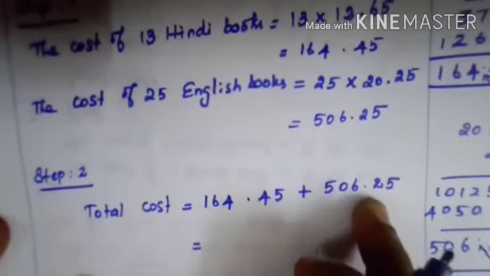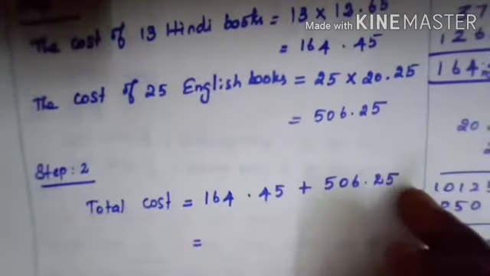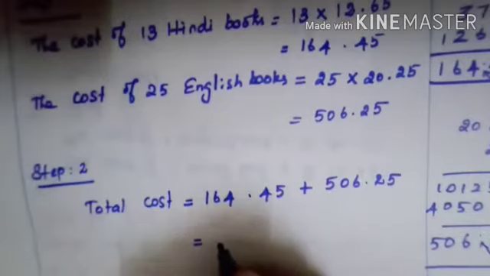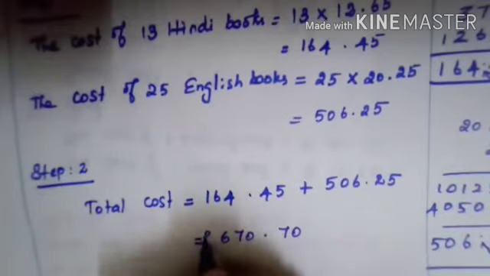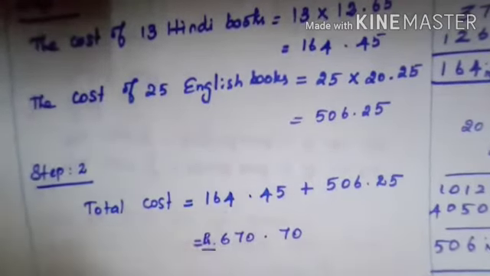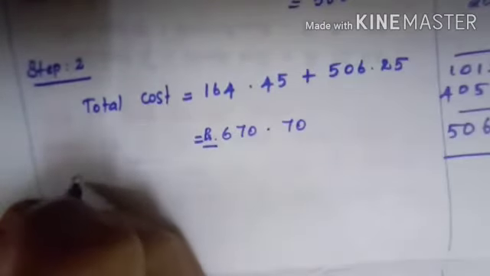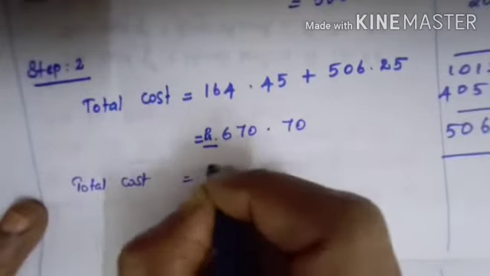Add these two numbers. Arrange the numbers in a proper way and add. So your answer is 670.70. Cost. So what is the unit? Rupees. So your answer is total cost you have to pay is equal to rupees 670.70.